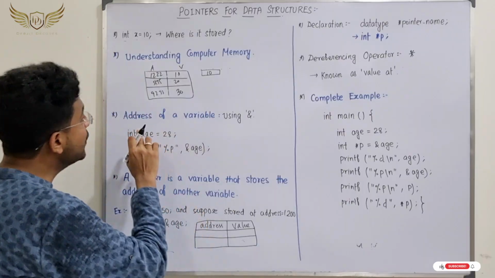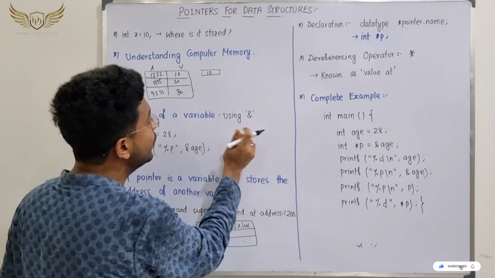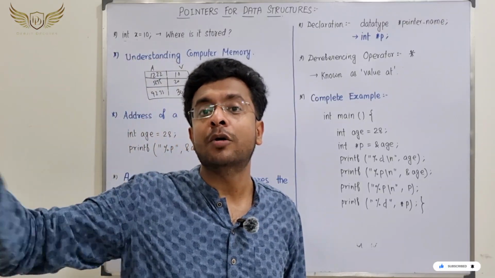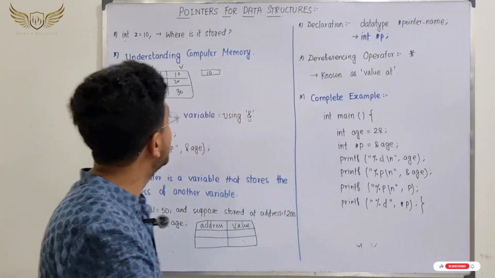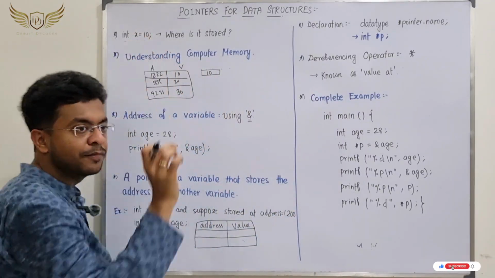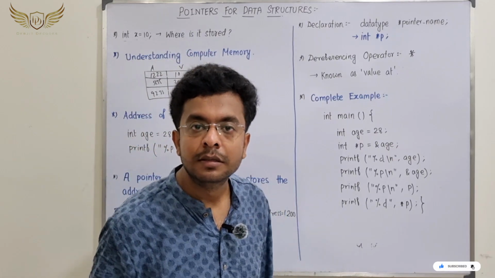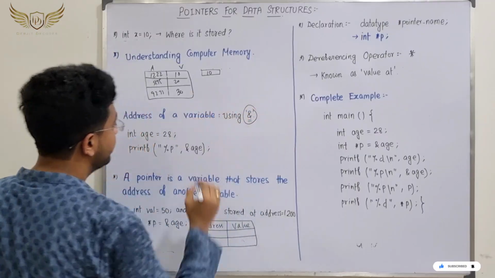But if you want to calculate the address of a variable, you can do it using the ampersand. There might be a chance you need to work on the addresses, or just for fun you want to know where this x is, because if you print x you will get 10, the value stored inside it. But what if you want to see the address? Now this is done using this ampersand sign.